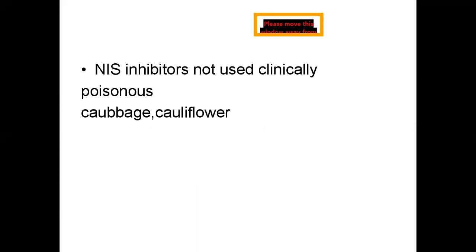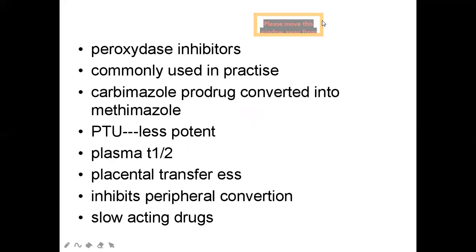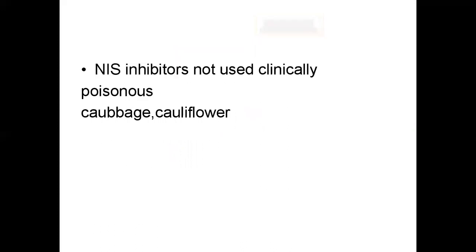First we'll discuss the first group of drugs. These first group of drugs, sodium iodine synthetase inhibitors, are not used clinically because these are poisonous substances. These are mainly found in cabbage and cauliflower.